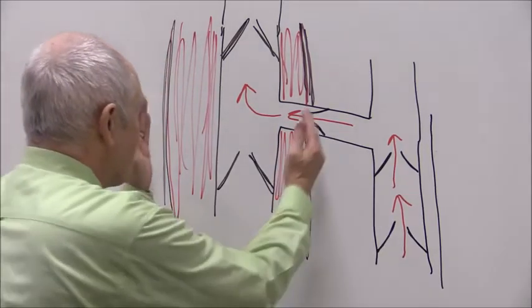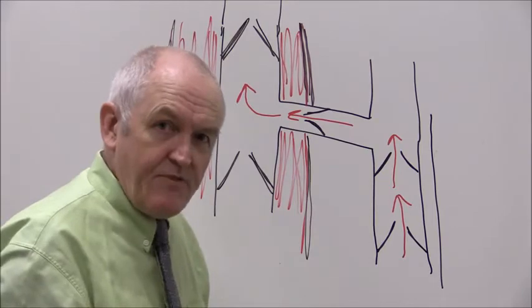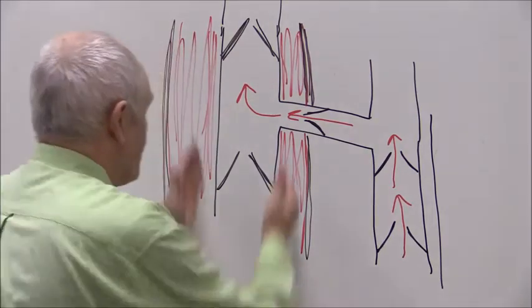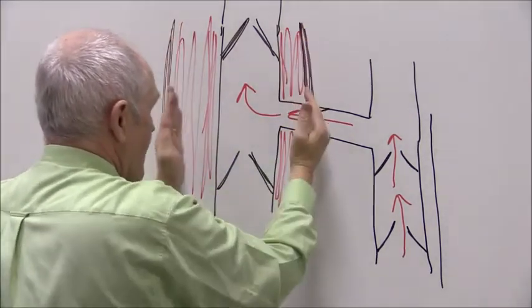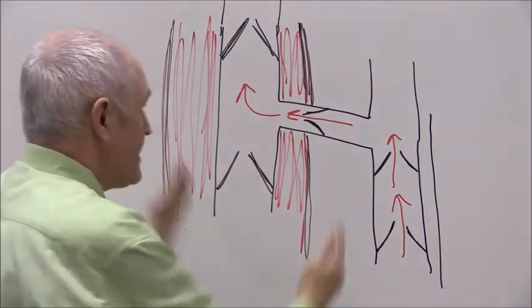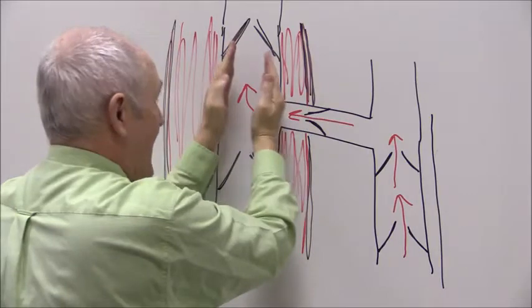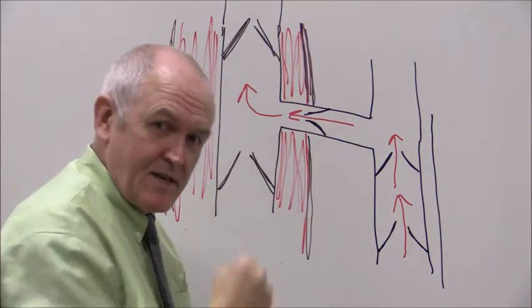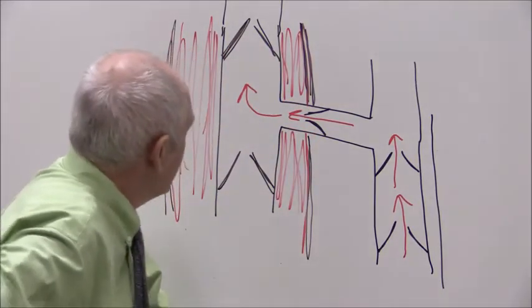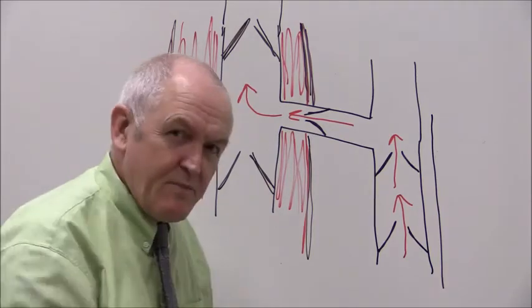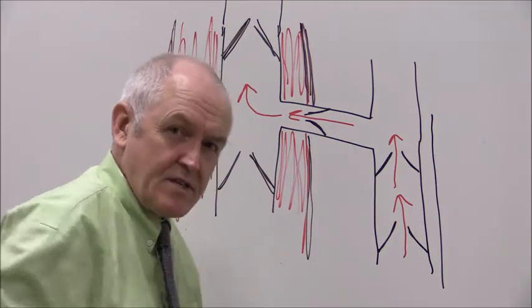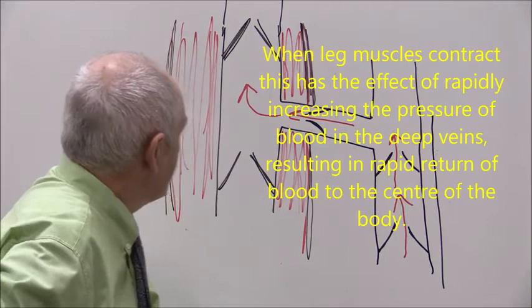And then when this muscle contracts, for example, if you're walking, if this is going through the calf muscles and the calf muscle contracts, that's going to squeeze on this vein. Let me show you how it's going to squeeze. It's going to squeeze like that, really hard. It's going to slam that vein pretty well shut because the muscle contraction is vigorous, using a lot of energy.